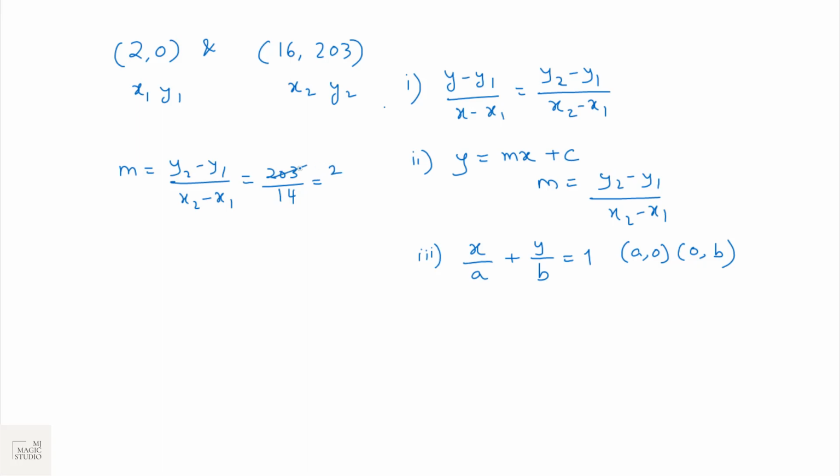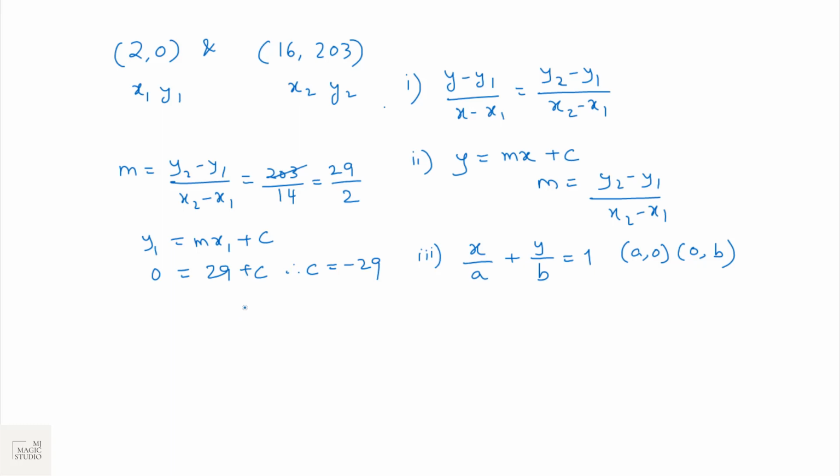Yes, 29 by 2. Slope is 29 by 2. So now if I put any point in y1 equals mx1 plus c, 0 equals 2 into 29 by 2, which is 29, plus c. That means c is equal to minus 29.